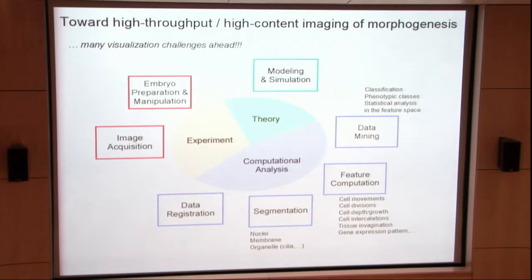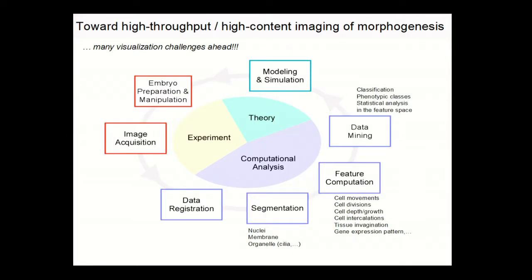Some of the features are really specific to morphogenesis, then data mining, and modeling and simulation. And I would say in every one of these aspects, maybe excepting the first one, visualization is an issue. The visualization of all this multidimensional data.